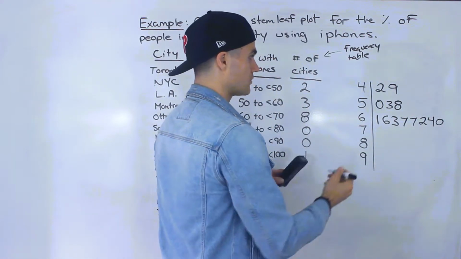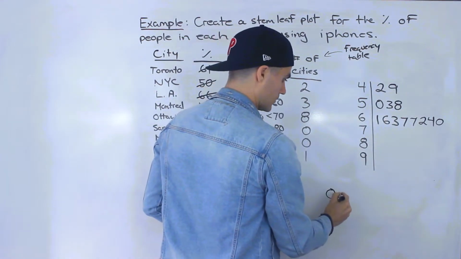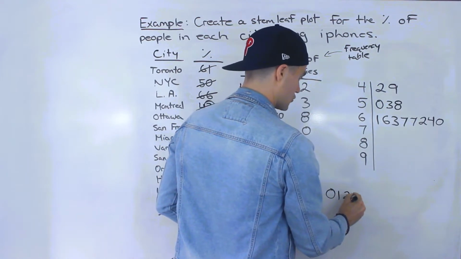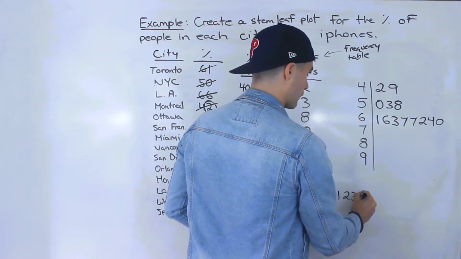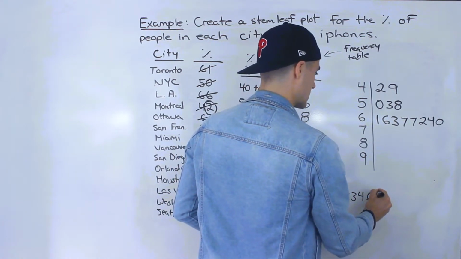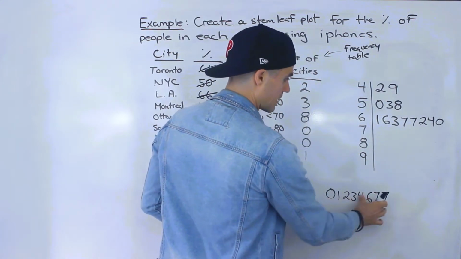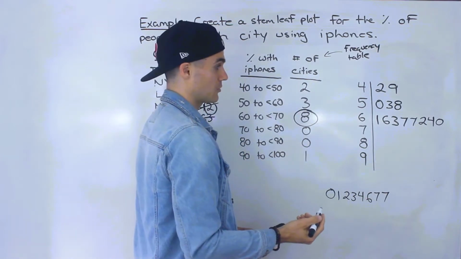And then what we got to do is, again, put these in order. So I'll do it on the side here. We'll have 0, 1, 2, 3, 4, 6, 7, 7. And notice that there are 8 observations, 8 cities, which is what we got in the frequency table as well.